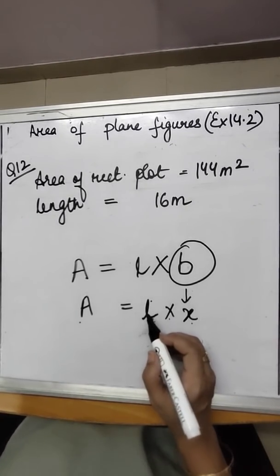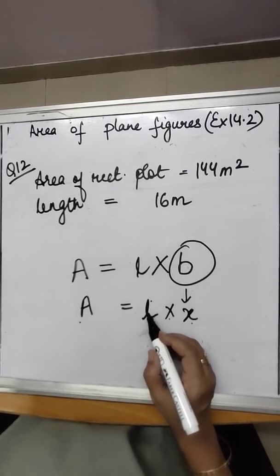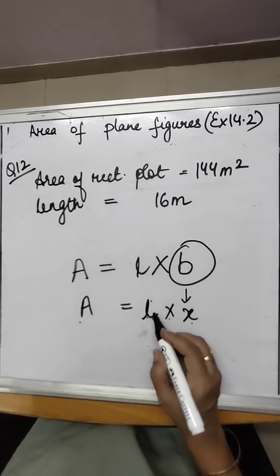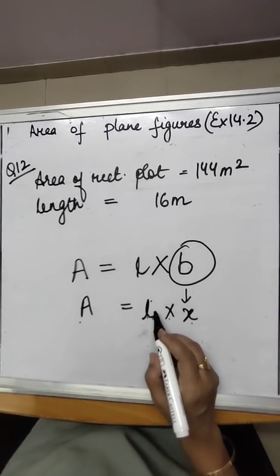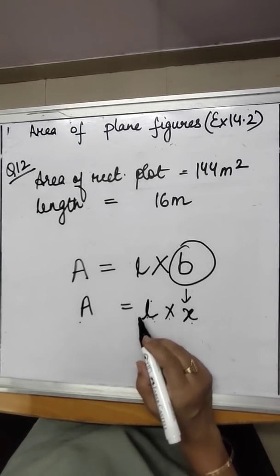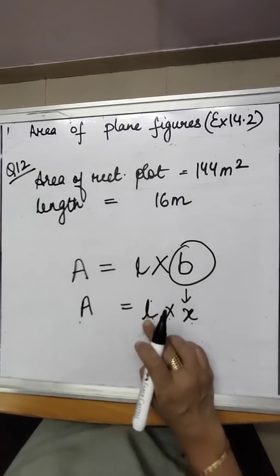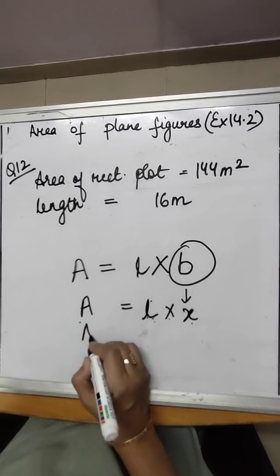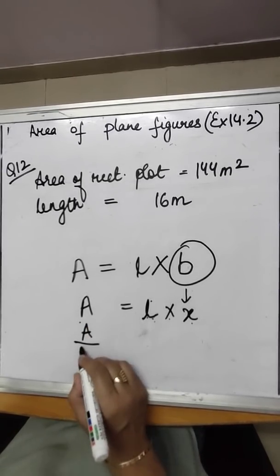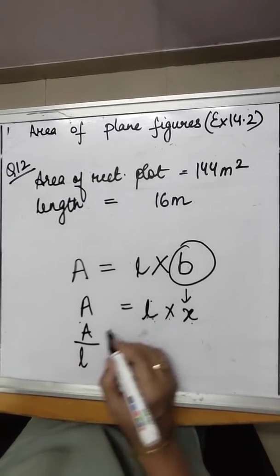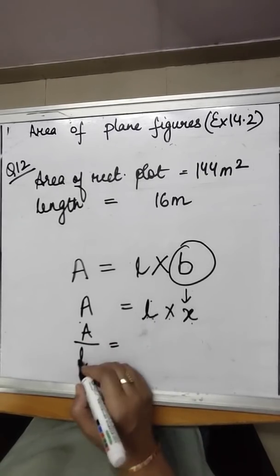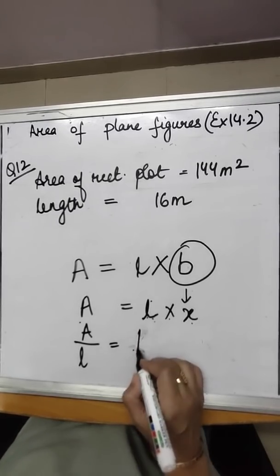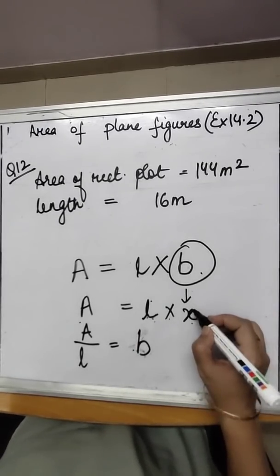So when in equality, when we change the value from one side to other side, what happens? Plus becomes minus and multiplication becomes division. So we'll bring this L to this side. It is multiplied right now. So it will go to division. So it will become A upon L equal to X, or you can say equal to B. This is what we have assumed for X, B.